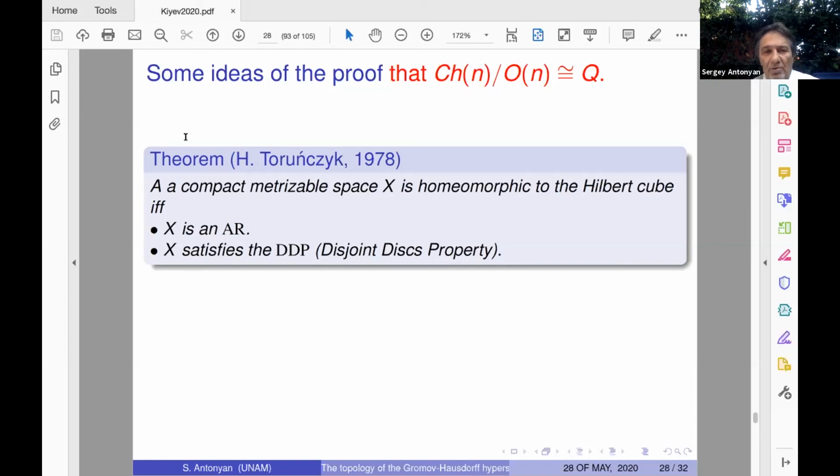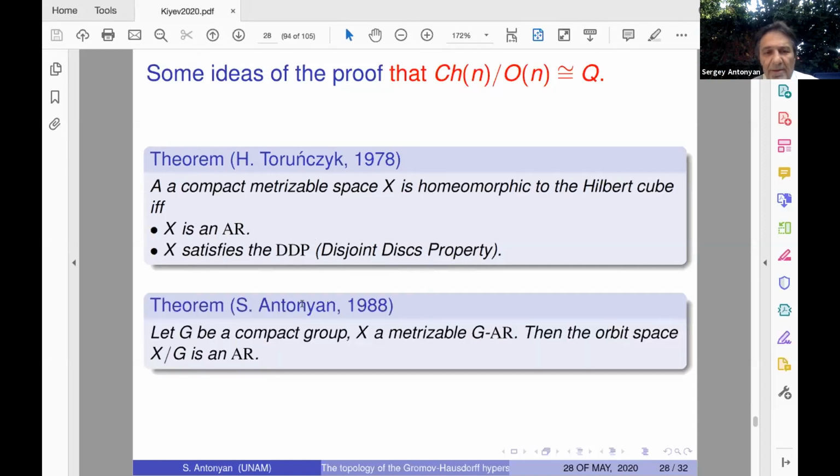The absolute retract property we have already established, and the next step would be verifying the other one, but this is a long issue, and I'm not going to stop here. These two theorems play an important role in identifying Hilbert cubes.